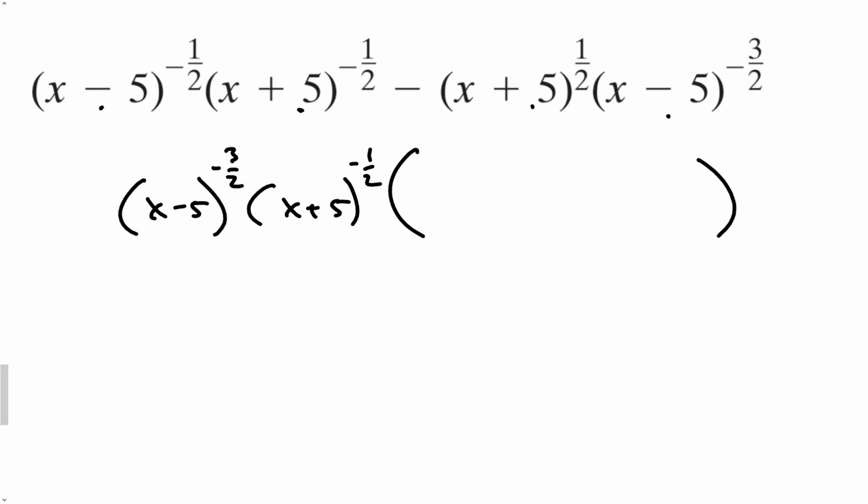Okay. Now what's left over? Well, I factored out all of the x plus 5, so it's x minus 5 to some power. Negative 1/2 minus a negative 3 over 2 is 1. Minus, because there's a minus there. What's left over in this expression? I took all of this out, so it's just 1/2 minus the negative 1/2, which is 1 as well.